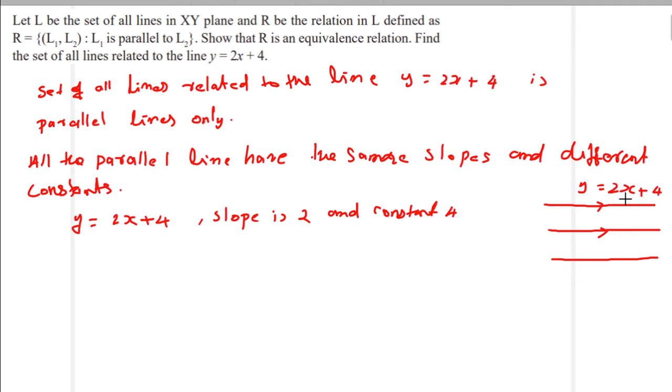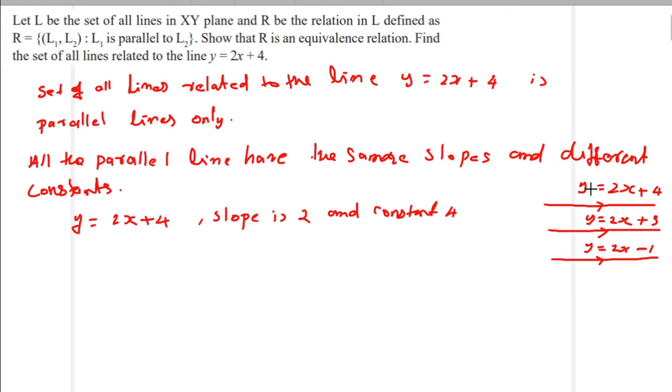This line has the same slope, so you can write its equation as y equal to 2x plus a constant, which differs, for example 3 or 1 by 2. So y equal to 2x plus 3, for example. For another line, y equal to 2x is common, plus or minus 1, something like this. All of these are parallel lines.